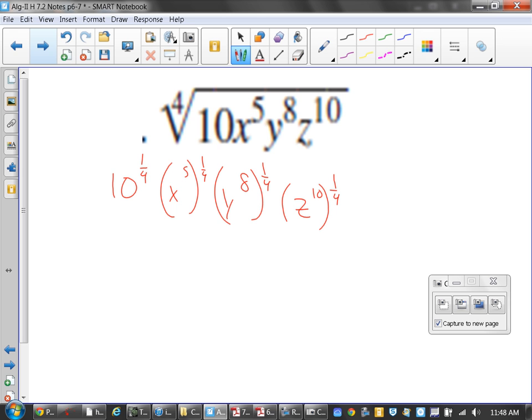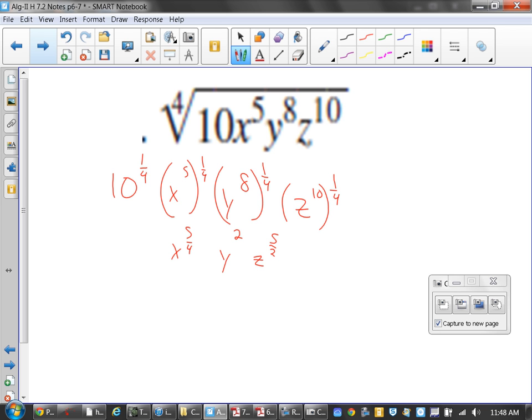Normally you take it apart like that, but it's the same thing because you just slammed it all together. Now this becomes 5/4, right? Yes. Which is what? 5 over 2.